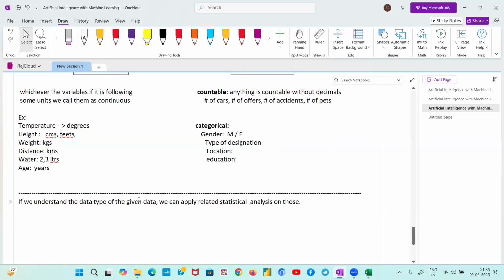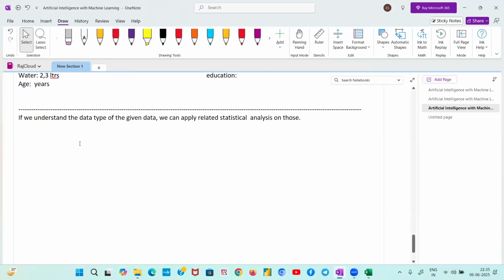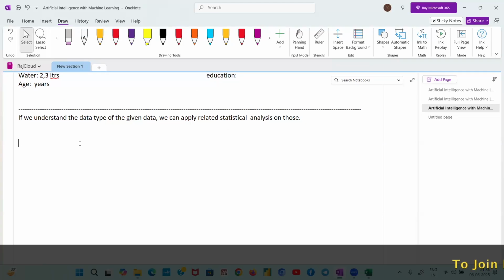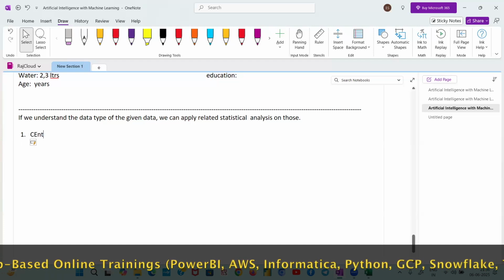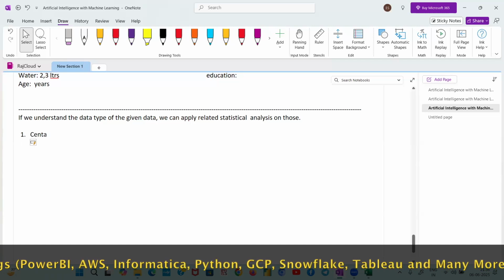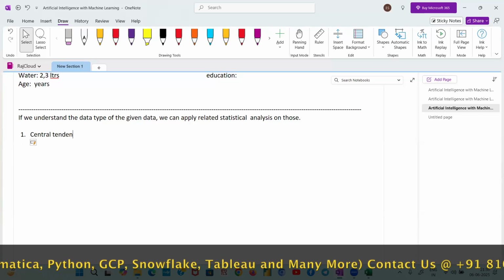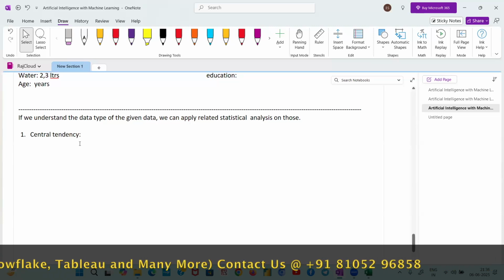So in statistics, what are we really supposed to learn? There are so many things in statistics, but not all of them are really important, because only some parts of fundamental statistics are really important to use. So the first one is what we call central tendency.